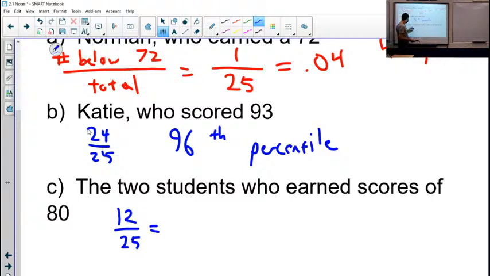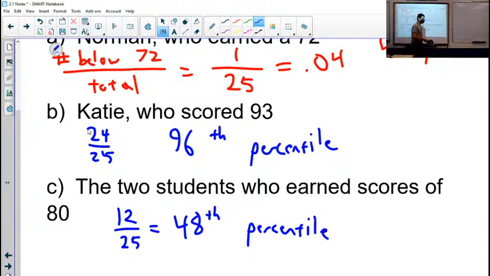This is 48th. Okay, so notice that even the top score, the 93, is not the 100th percentile.